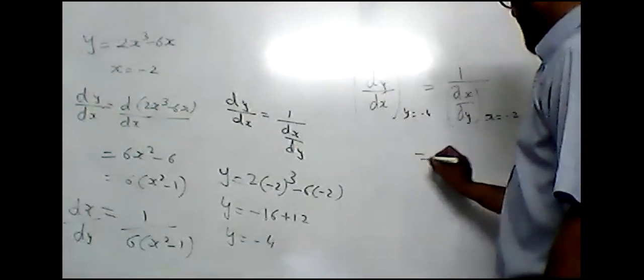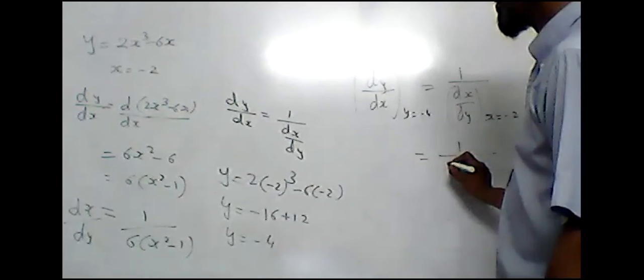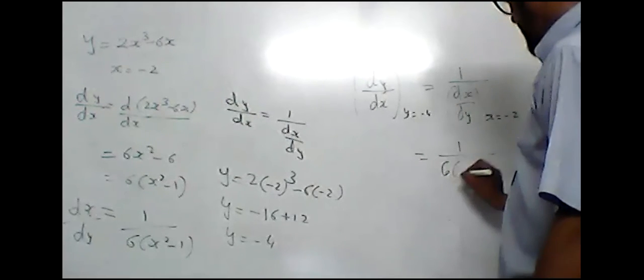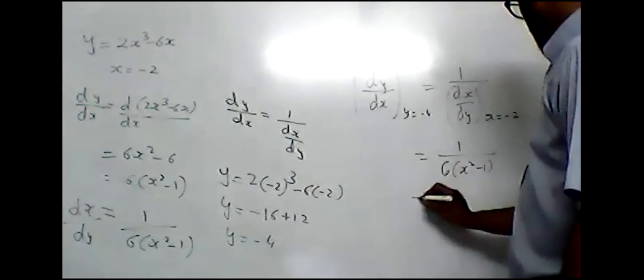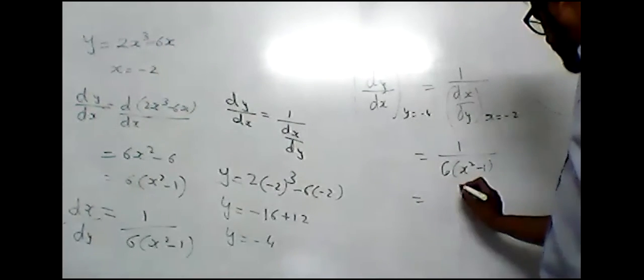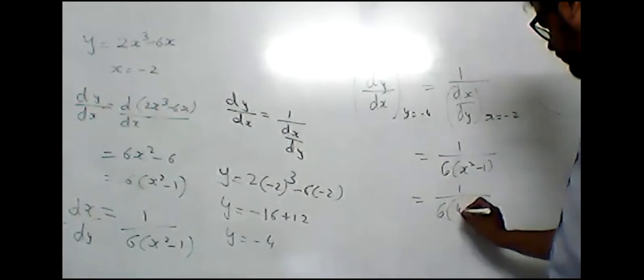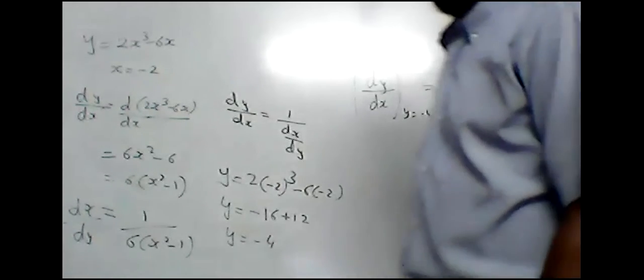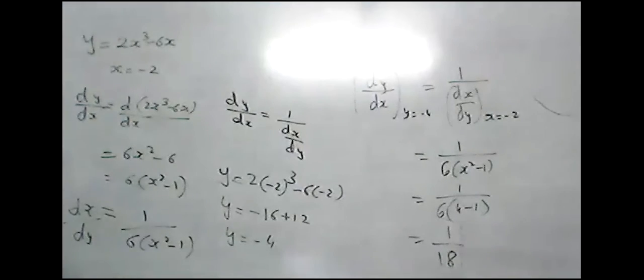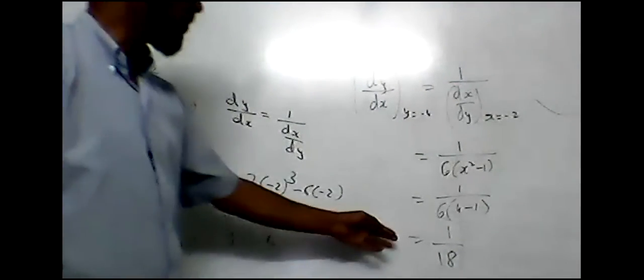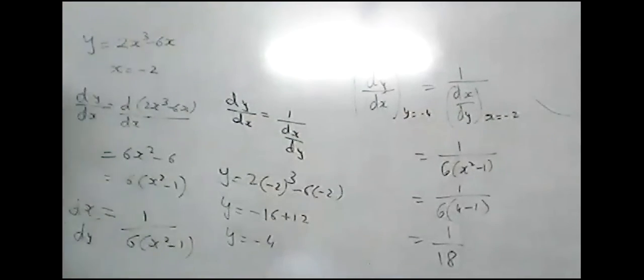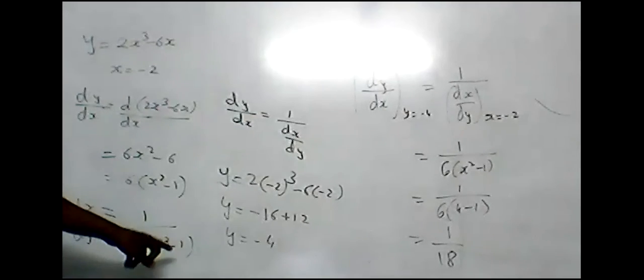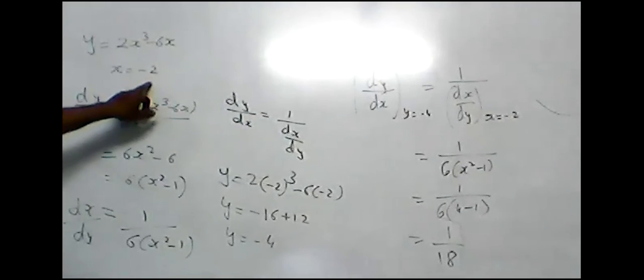Clear? ये आपका हो जाएगा 1 upon 6x square minus 1. So x square is minus 2, so this will become 6 into 4 minus 1. And this will be 1 upon 3. Clear? So this is what you will get, the inverse of this value. Clear? कुछ नहीं किया अपने dx by dy करे उसमें we have just substituted the value of x is equal to minus 2 यहाँ पे.